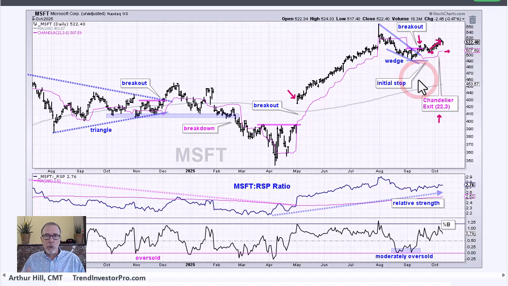And then you look for those pullbacks within that uptrend to maybe accumulate a position. And if you're accumulating, you can use a wider stop loss. But if you're a short-term trader, you'd use a tighter stop loss like the 22.3. But in TrendInvestorPro, in the recent commentaries, we've highlighted the difference between the tight and the wide trailing stop using that chandelier exit. So check it out if you want to know more.